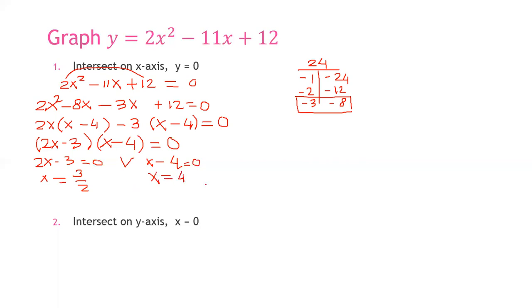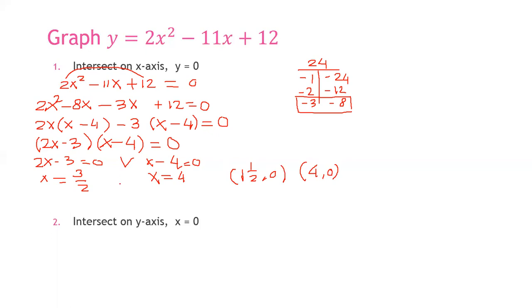So there are two coordinate points through which this intersects the x-axis: 3 over 2 comma 0, or one and a half comma 0, and 4, 0.